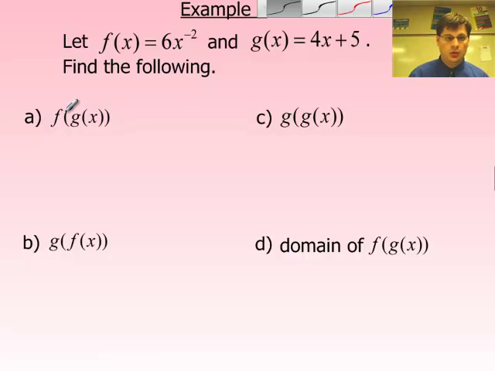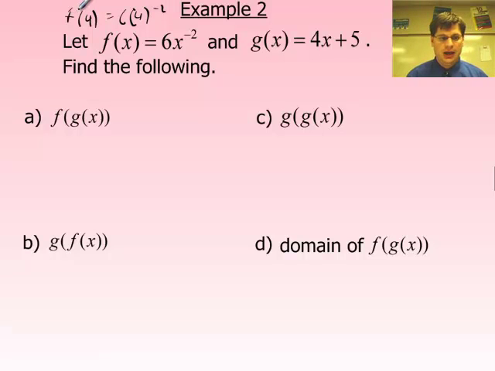Normally, f of x is equal to 6x to the negative 2, and if I had, let's say, f of 4, we would substitute 4 into there, so it's 6 times 4 to the negative 2. But that's not going to be the case. We're going to be substituting the entirety of g of x into there.